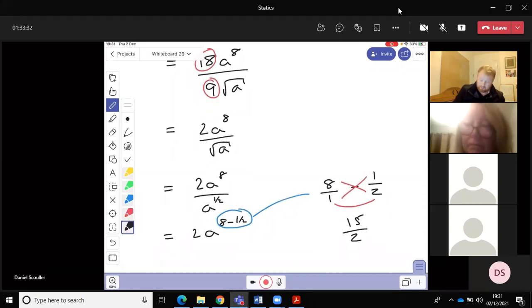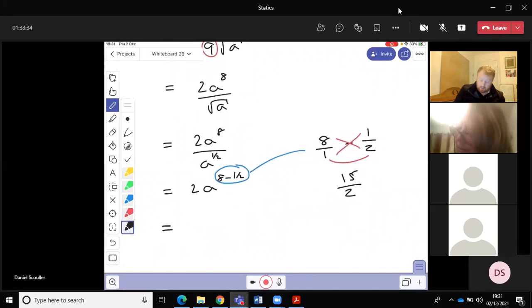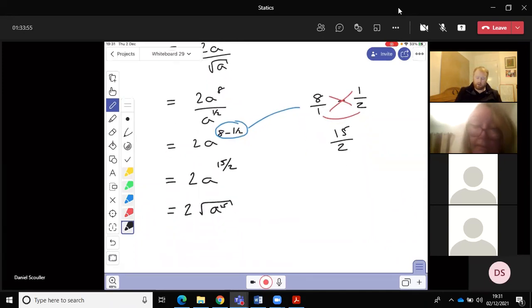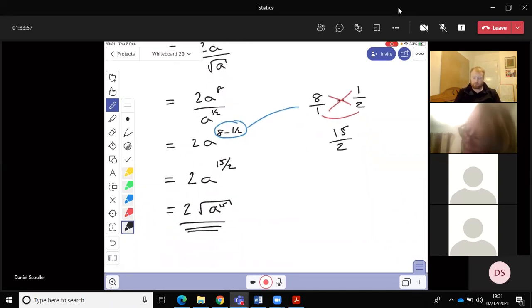So that leaves us with 2a to the power of 15 over 2. That just tidies that up, and we leave it in that format.